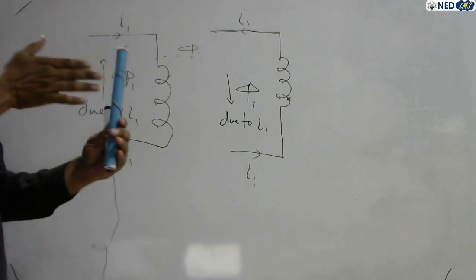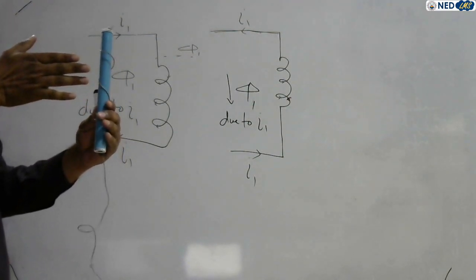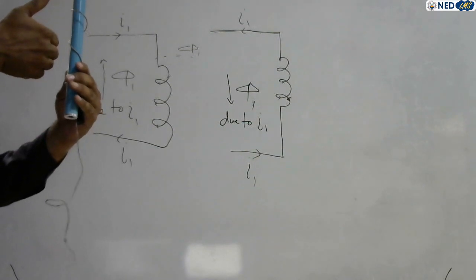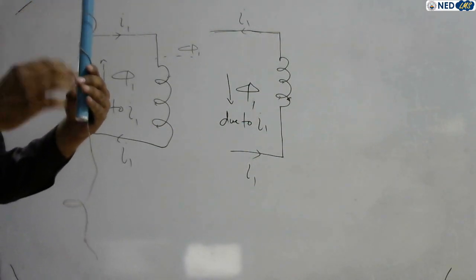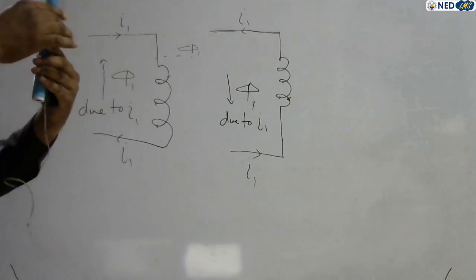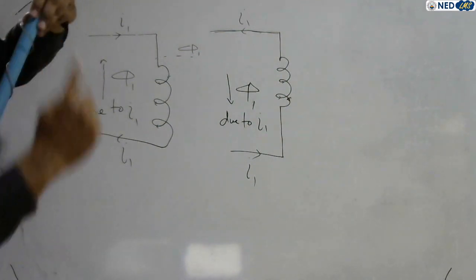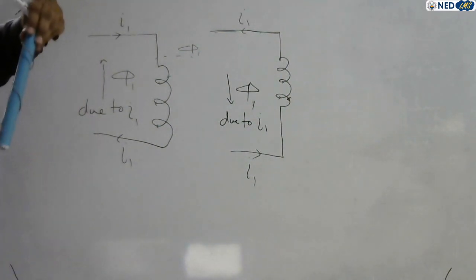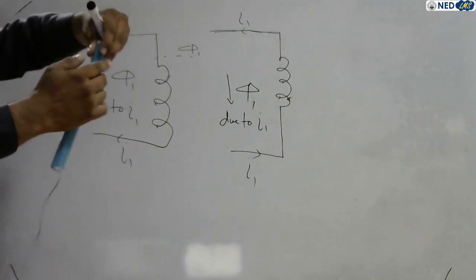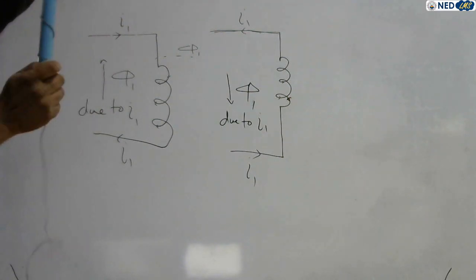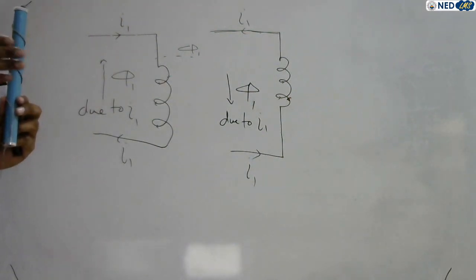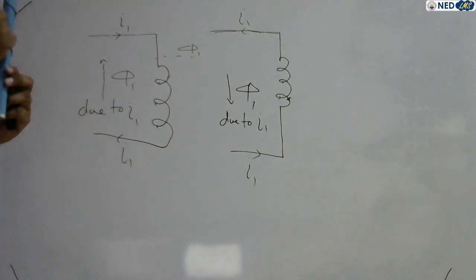So we use our right hand, and we curl the fingers in the direction of current flow of that coil. The current flows from top to bottom.